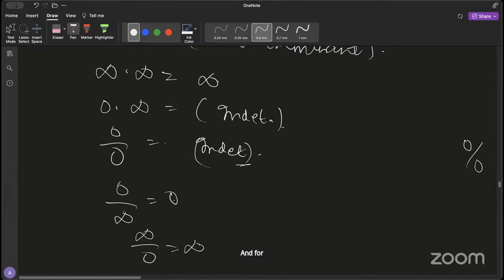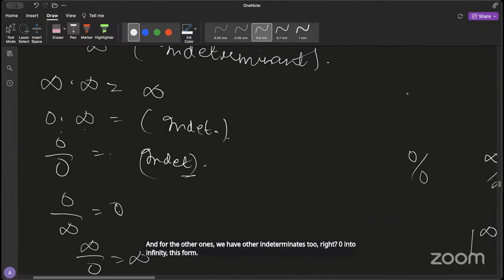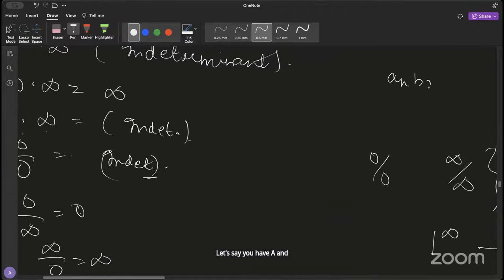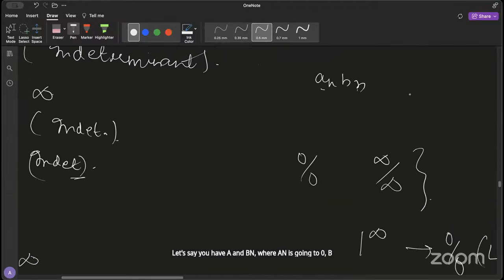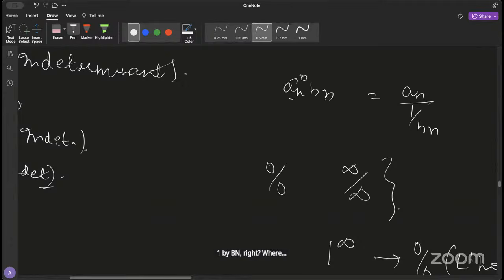And for the other ones, we have other indeterminates too, right? 0 into infinity: let's say you have an bn, where an is going to 0 and bn is going to infinity. So I can write this as an divided by 1 by bn, where an is going to 0, and 1 by bn is also going to 0.